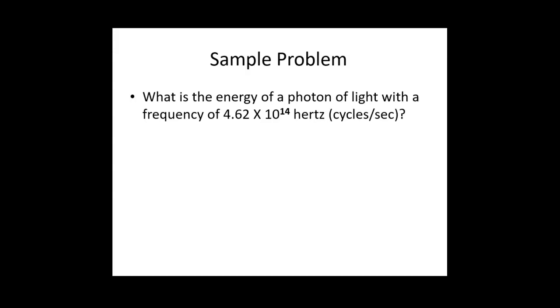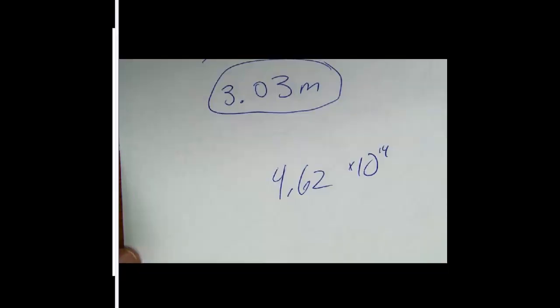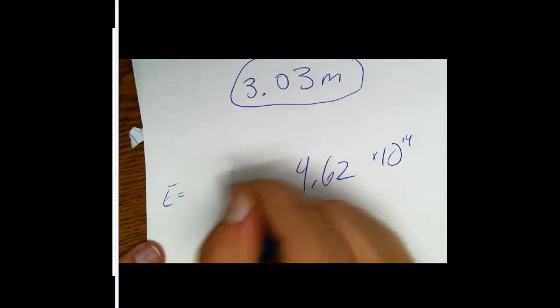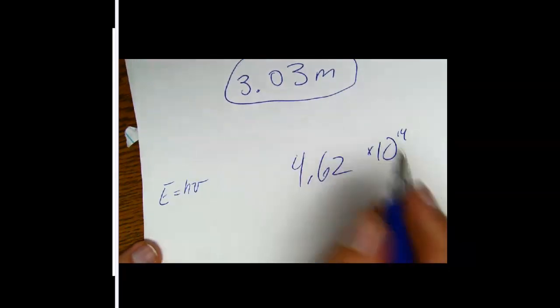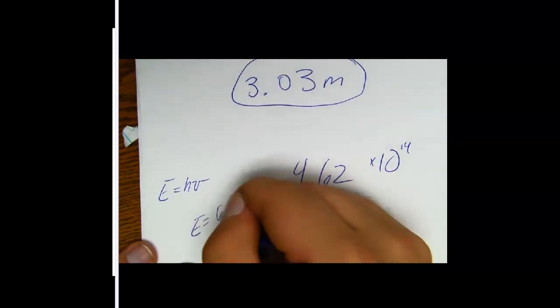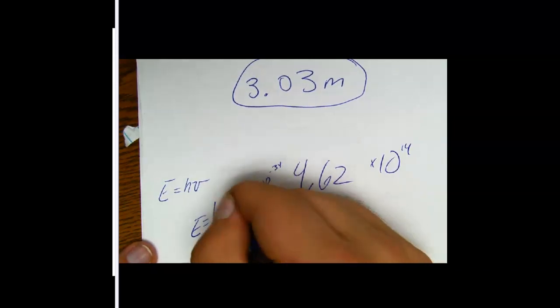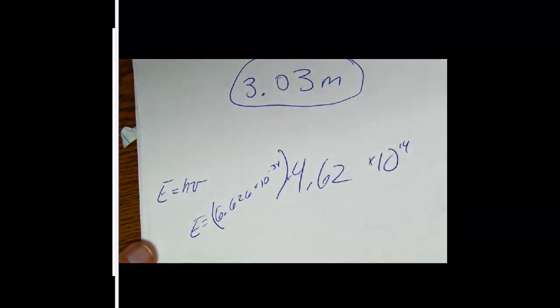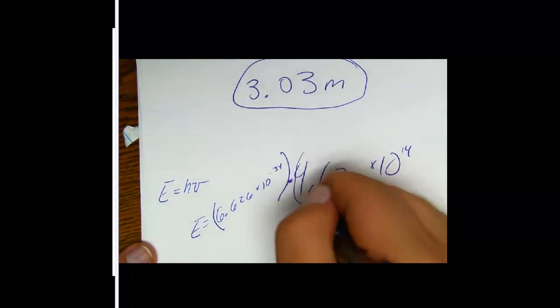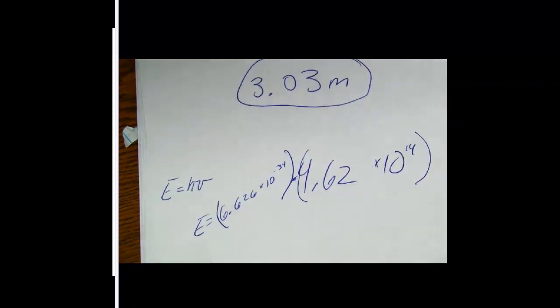What is the energy of a photon if it has a frequency of 4.62 times 10 to the 14th hertz? Well, if we write this out, energy is equal to H times V. So energy is equal to 6.626 times 10 to the negative 34th times 4.62 times 10 to the 14th.